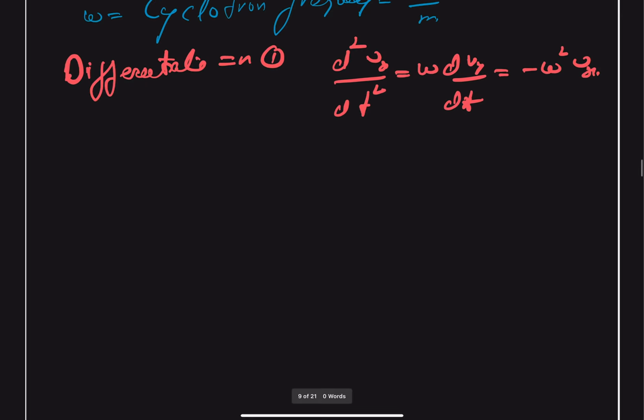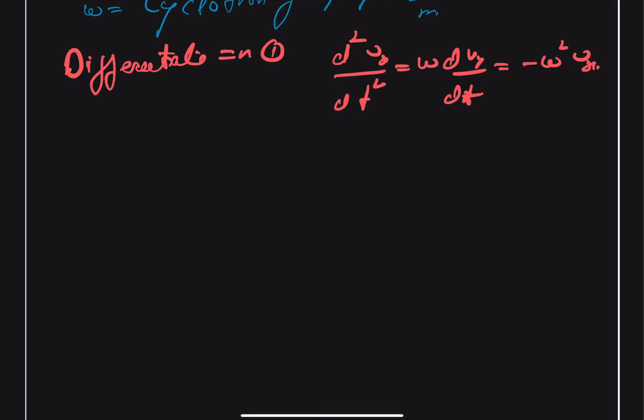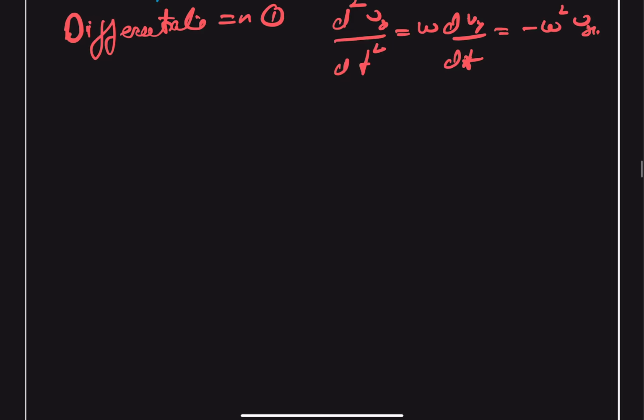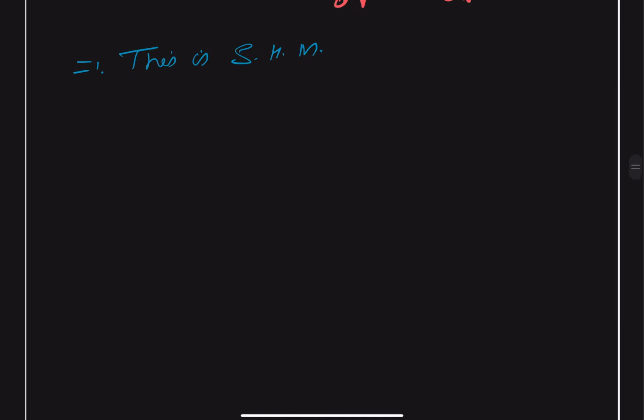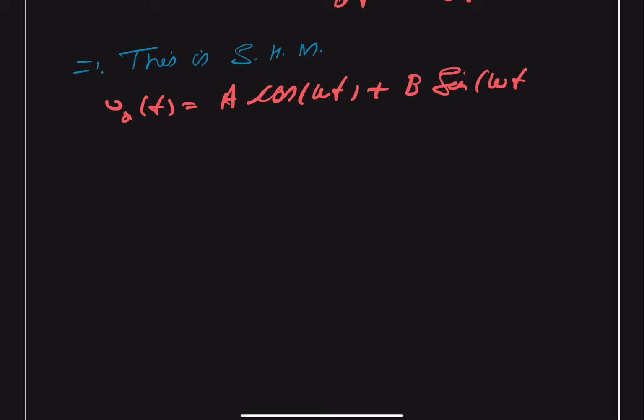This is nothing but the acceleration and the relationship between the angular velocity and the velocity in the x direction. From here we can say this is a simple harmonic motion. Therefore we can write the solution vx(t) as A cos(omega t) plus B sin(omega t).